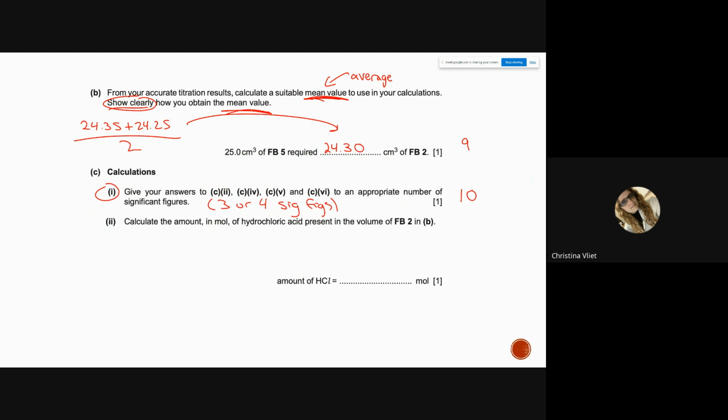First question says, calculate the amount in moles of hydrochloric acid present in the volume of FB2 in part B. What does that mean? Okay, they're looking for moles. So I'm going to underline that because it's what I'm looking for. FB2 in B. What is B telling me?